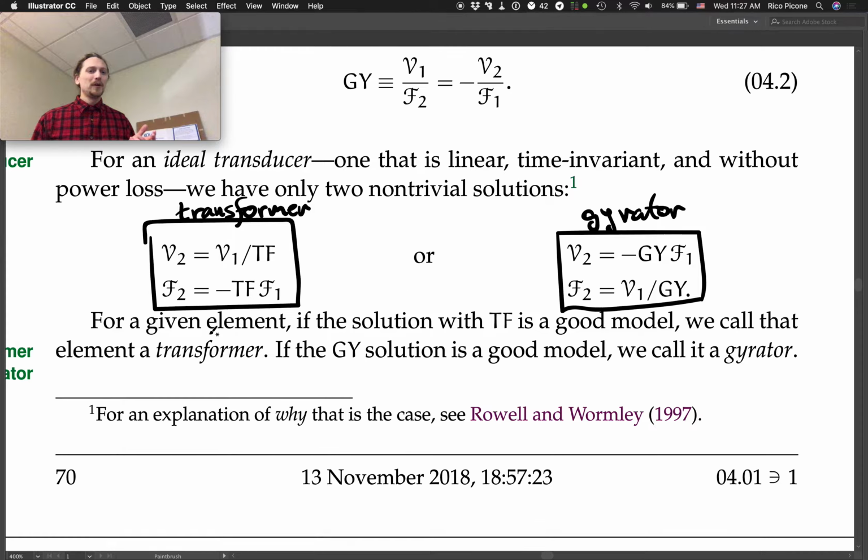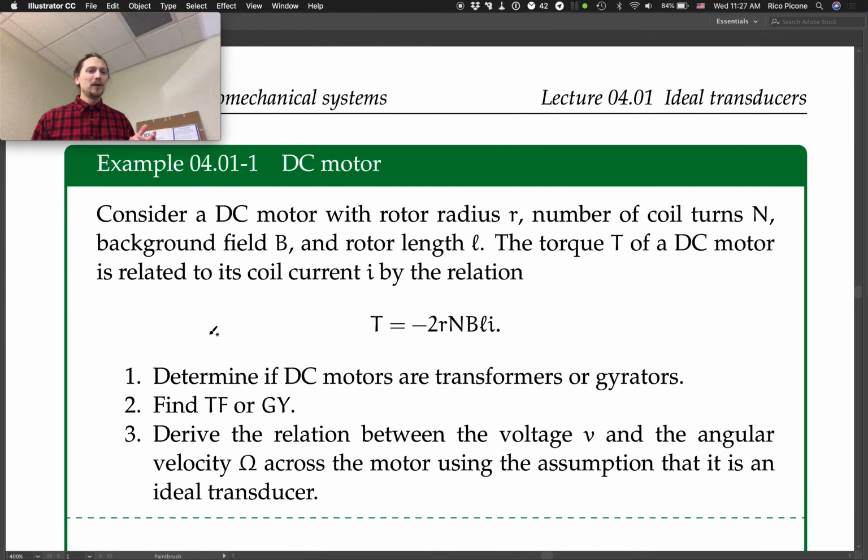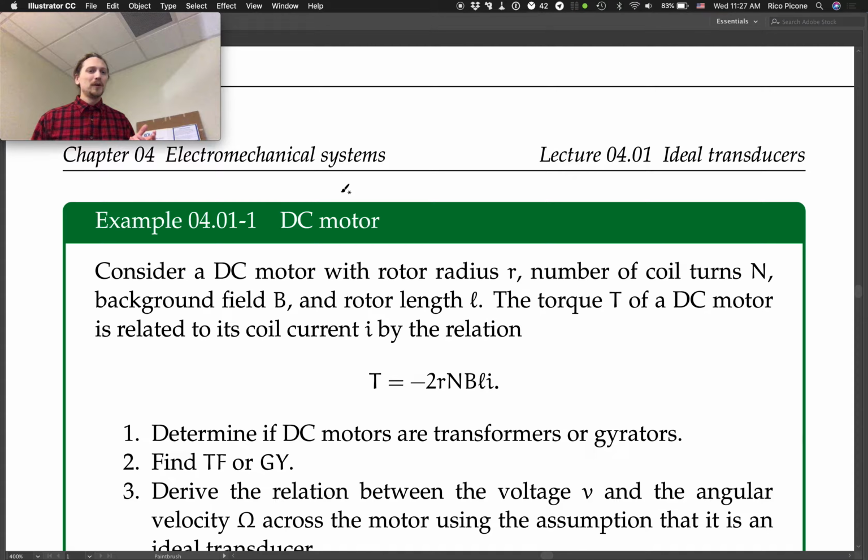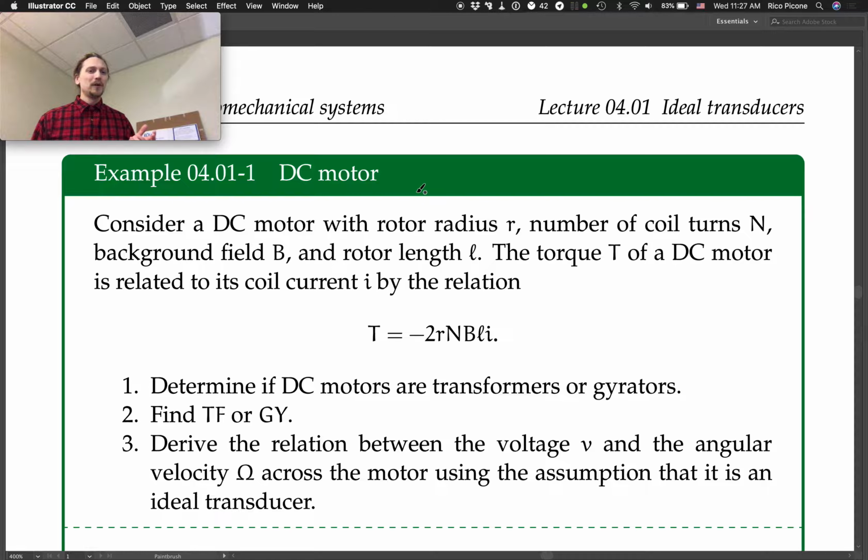That is the idea for transducers. They're either going to be transformers or gyrators, and in these next couple examples we'll take some simple views of that and how we could go about analyzing them. Just a very high level view for now.